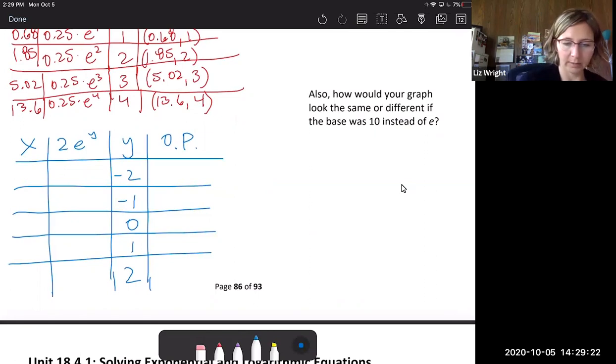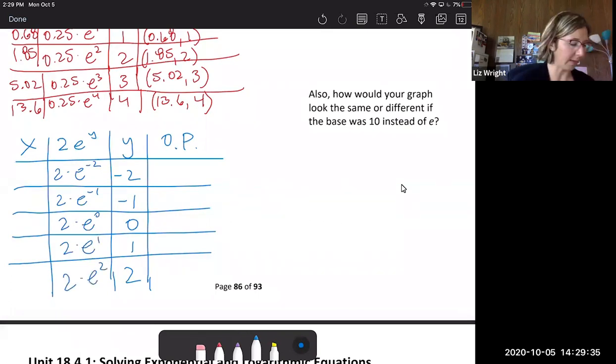All right, so here I've got 2 times e to the negative 2, 2 times e to the negative 1, 2 times e to the 0, 2 times e to the 1, 2 times e to the second power.